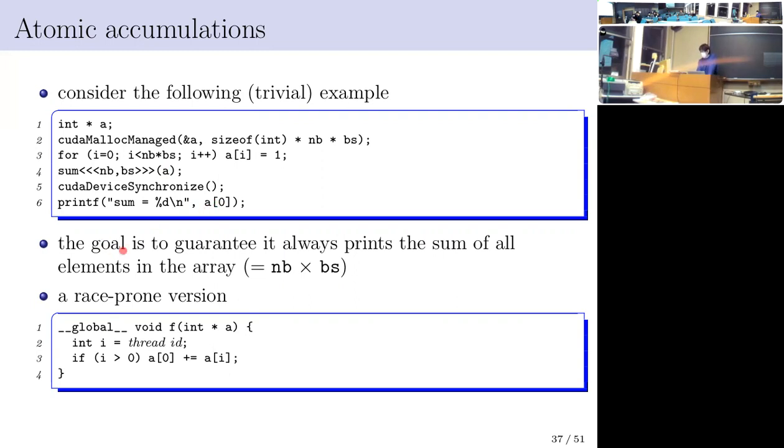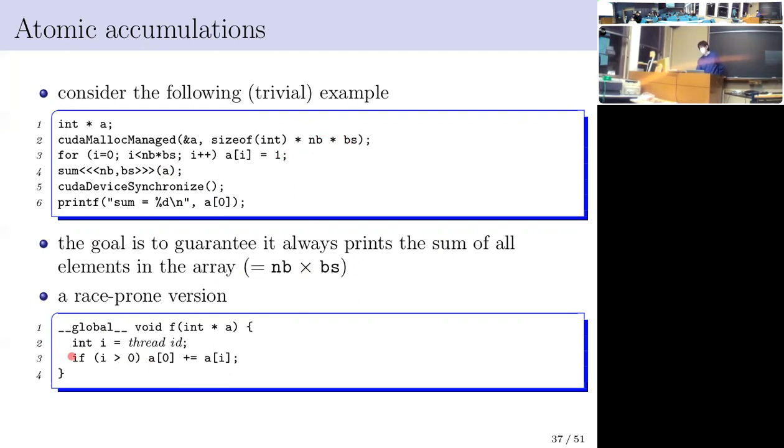So the goal here is to guarantee that it always prints the sum of all elements in the array correctly. So in this particular case, it should print exactly NB multiplied by BS because all elements are 1 and you arrange NB multiplied by BS number of threads.